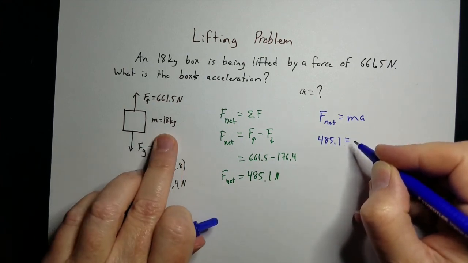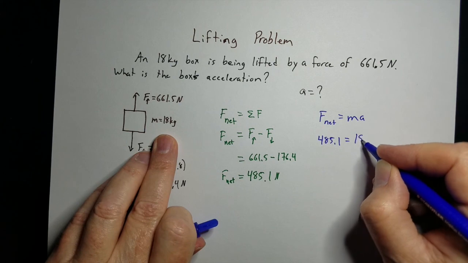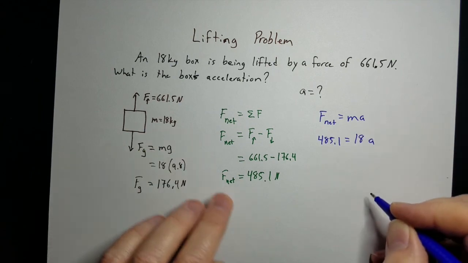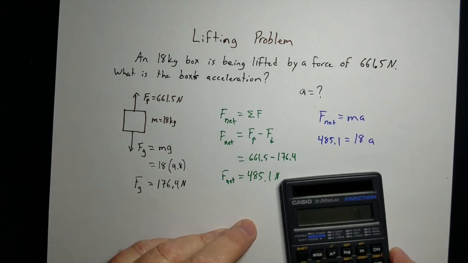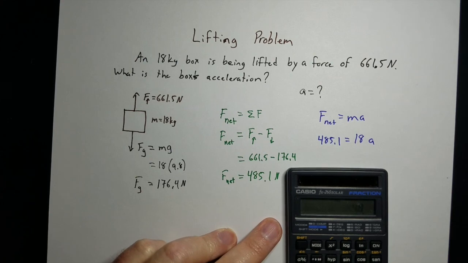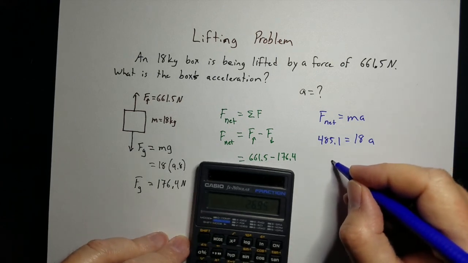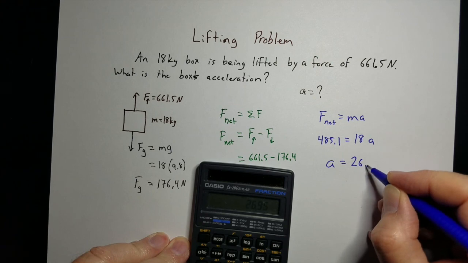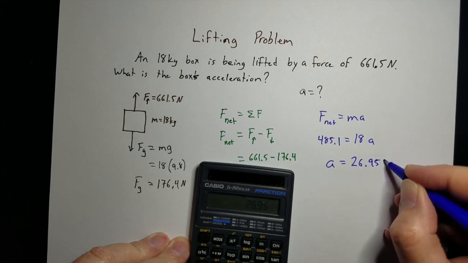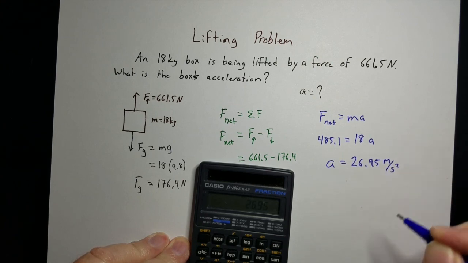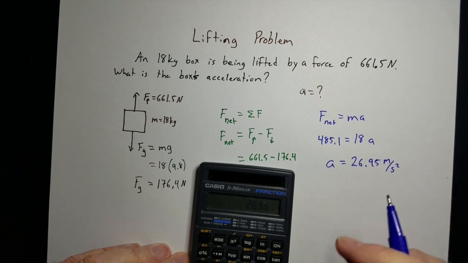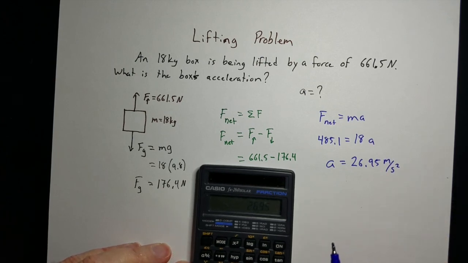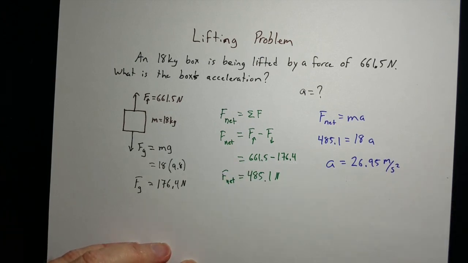The mass is 18 kilograms, and we got to solve for A. So 485.1 divided by 18 gives me an acceleration of 26.95 meters per second squared. So that would be the upward acceleration of my object.